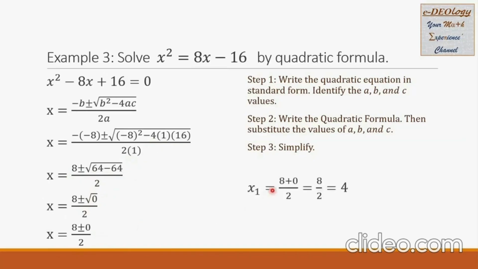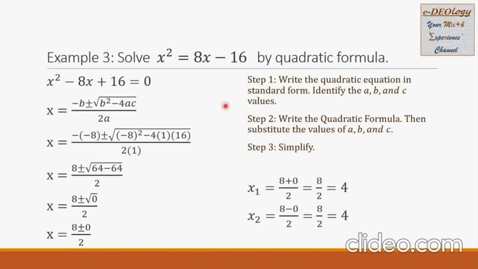The x of 1 is 8 plus 0 all over 2. 8 plus 0 is 8 over 2 is equal to 4. X of 2 is the 8 minus 0 all over 2. Also it is 8 over 2, and that is equal to 4. You see here our values are the same.